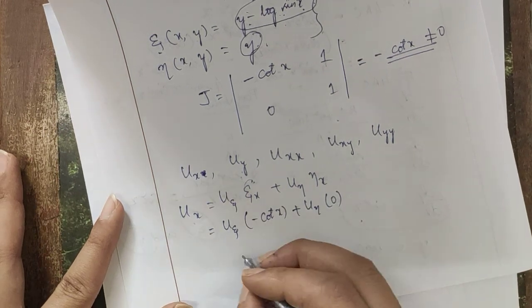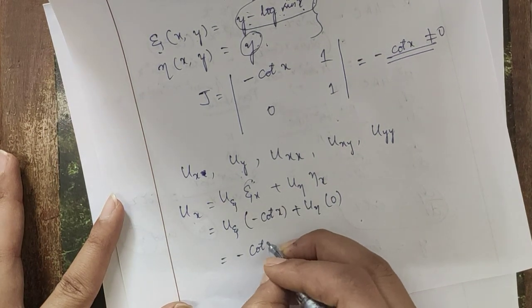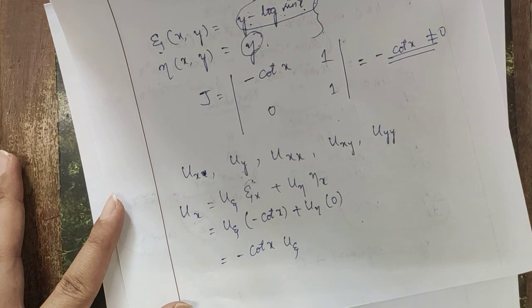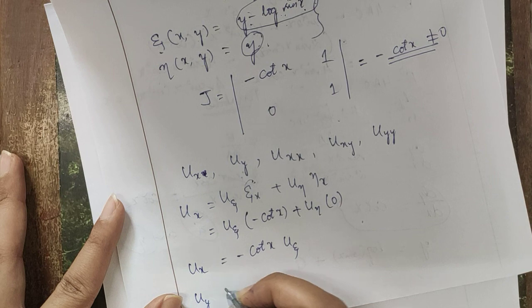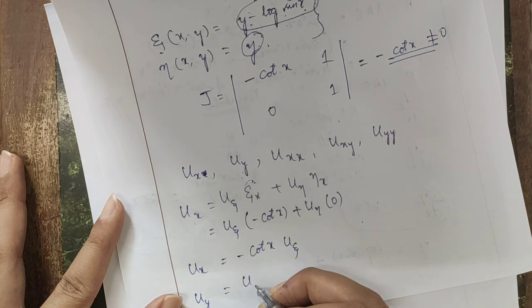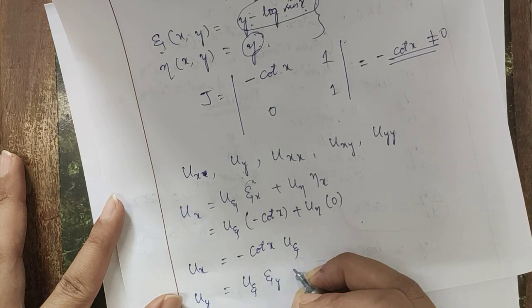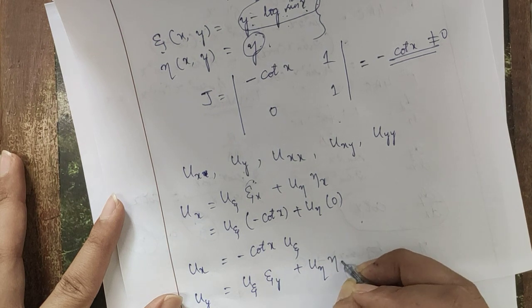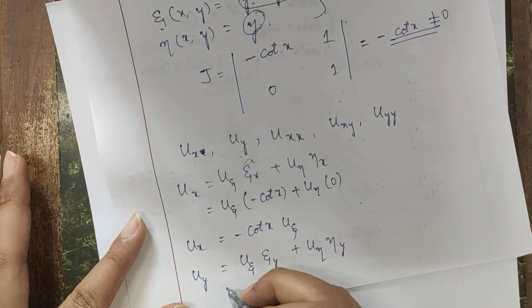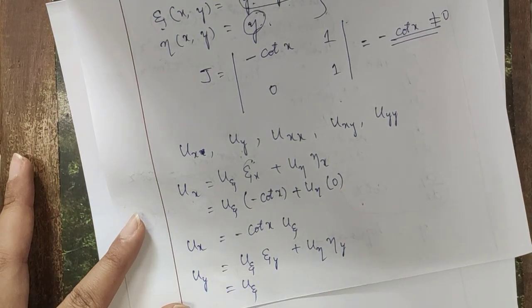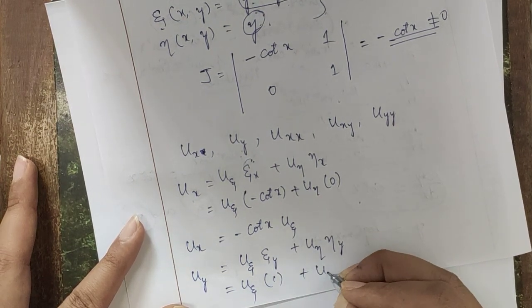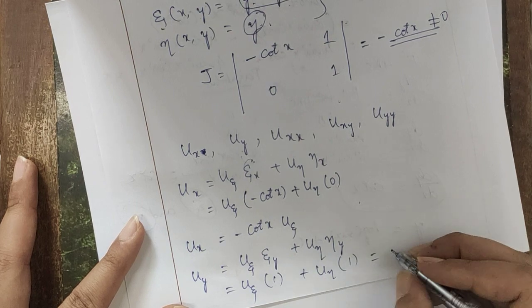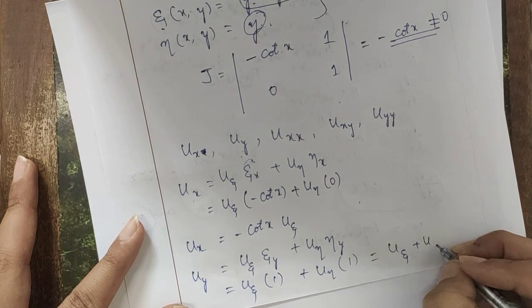So you will get minus cot x u xi. This is my ux. Now find out uy. Uy is u xi into xi y plus u eta into eta y. So u xi I will write as it is. Xi y gives you 1, plus u eta into 1. This is nothing but u xi plus u eta.